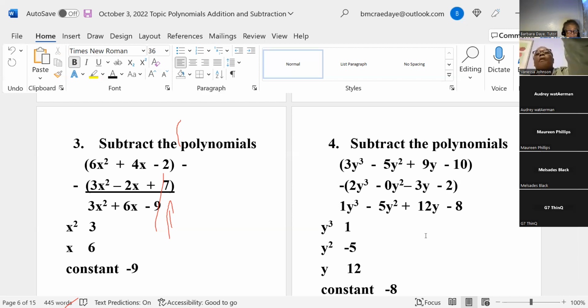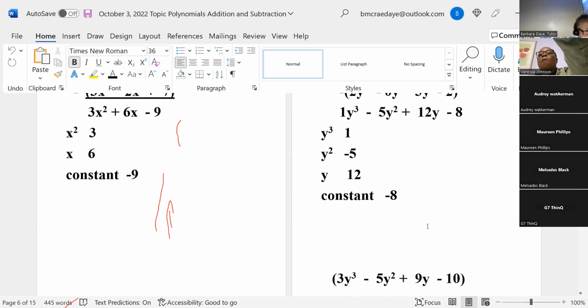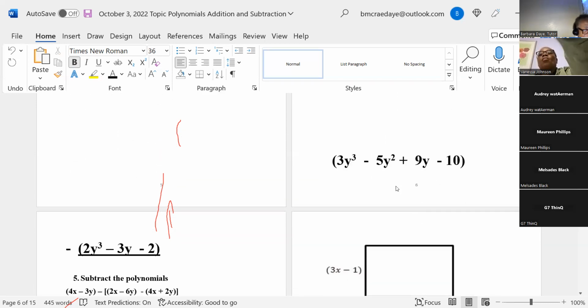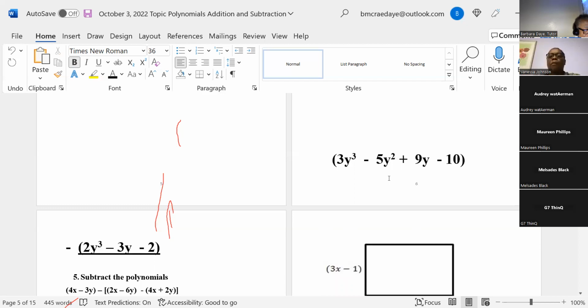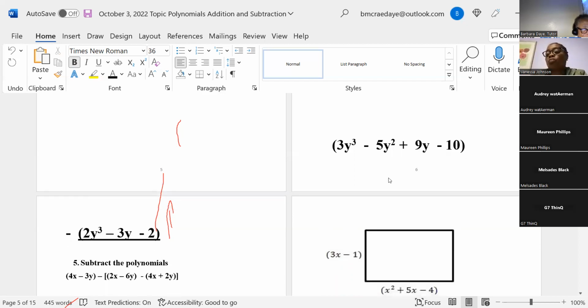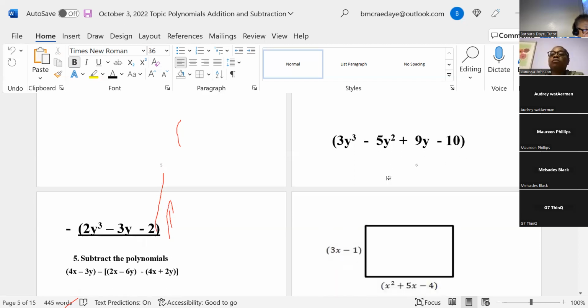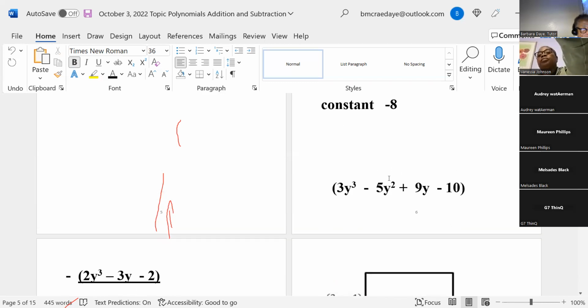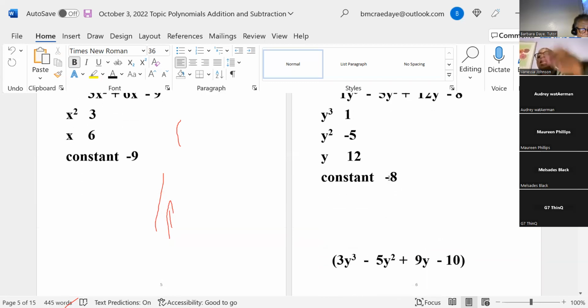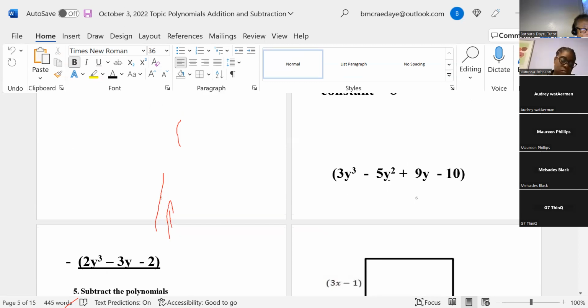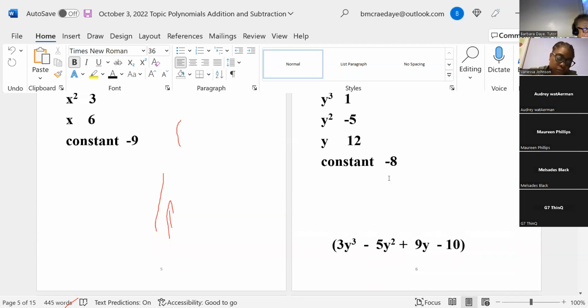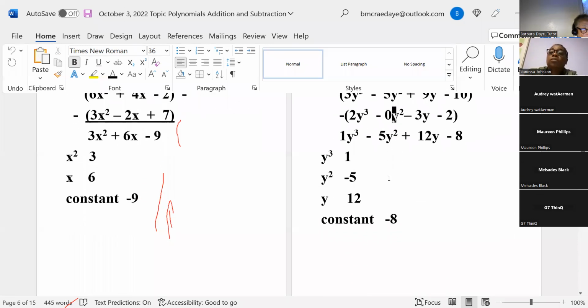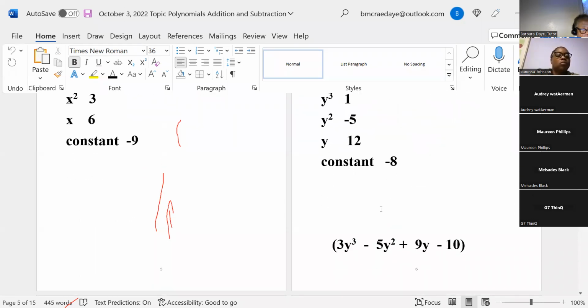Any questions on number 4? Okay. All right. So let's go to the next number. Okay, we have another subtraction here. Or did we do that one? No. Okay, here's another subtraction.